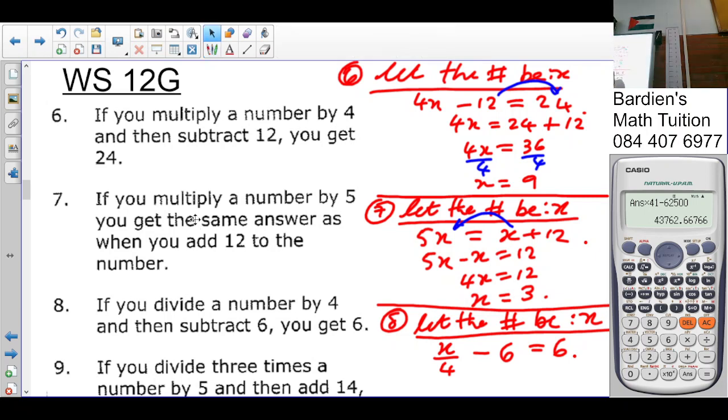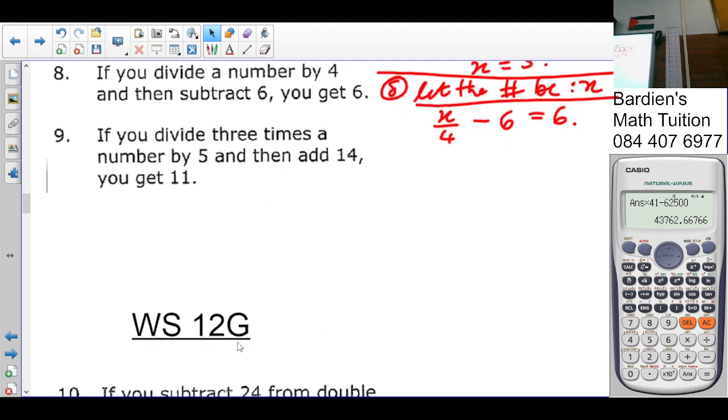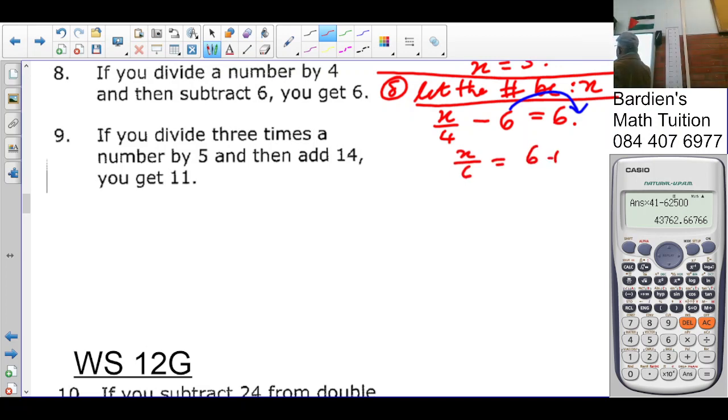From here, it's a matter of solving that equation. So what do we do? We take that 6 over the equal sign. We get x over 4 is equal to 6 plus 6. What's 6 plus 6?